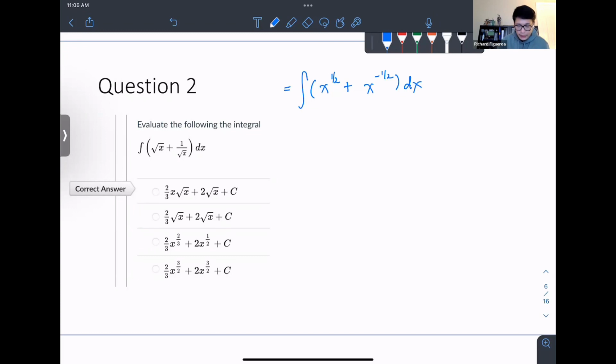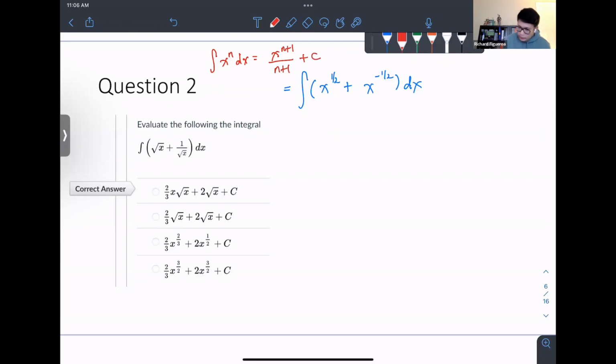So that would be the transformation of the original integrand. The square root of x is x raised to 1/2, and 1 over the square root of x is the same as 1 over x raised to 1/2. However, I want to transfer it to the numerator, so it will become x raised to -1/2. And then we apply the power rule. Again, the power rule is the integral of x raised to n dx equals x raised to n plus 1 over n plus 1 plus c.